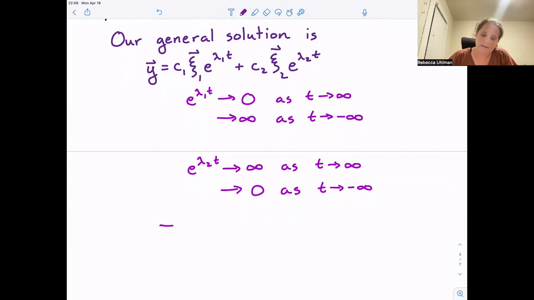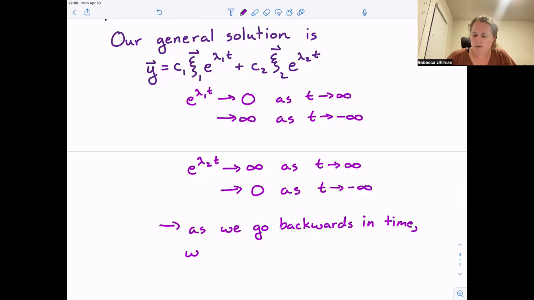So what we get is, as we go backwards in time, we'll follow along psi1, heading out from the origin.